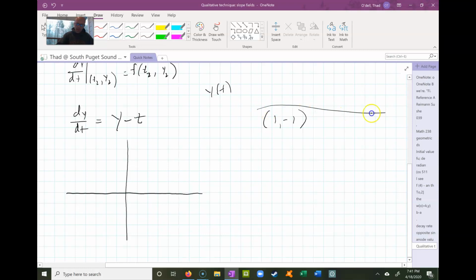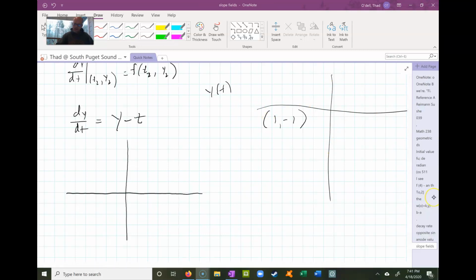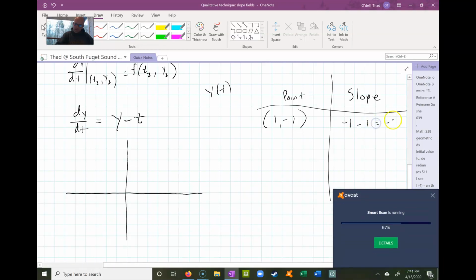So what I'm going to do is kind of like we used to do the x, y charts. I'm going to pick out a point, and I'm going to calculate the slope. So in this case, the slope would be -1 minus 1, which would be -2.